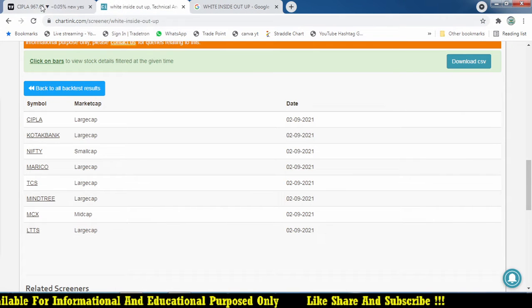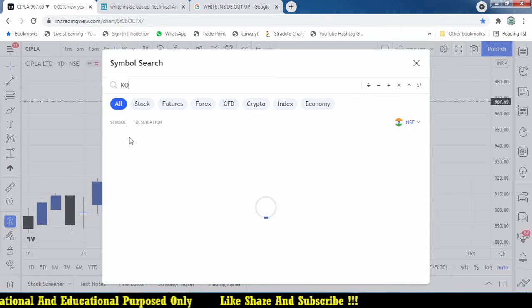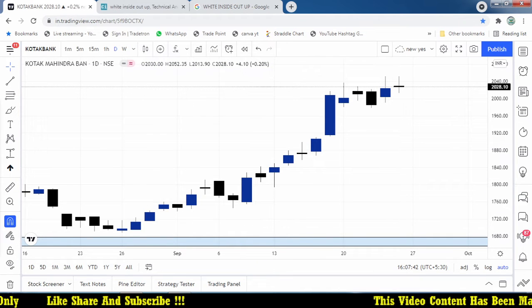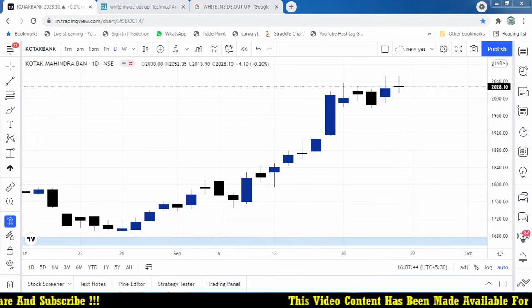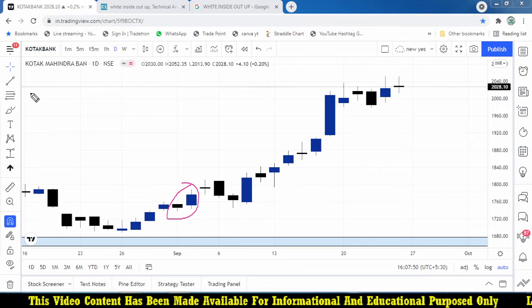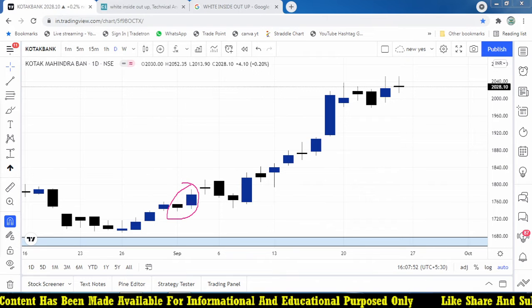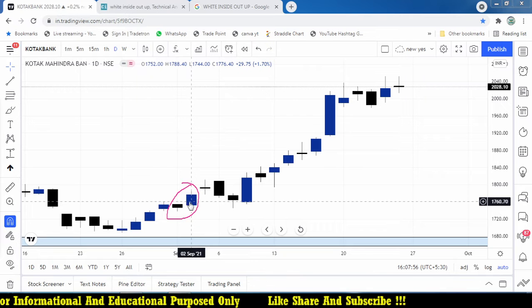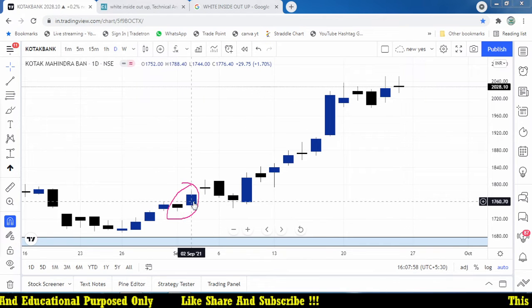And the second one is Kotak Bank. These are all the stocks which form the inside-out pattern on 2nd of September. I have already updated that on my Telegram channel too. Inside-out of 2nd September, this is the pattern where it forms. In this scenario, how much profit or loss, the risk-reward ratio: 1788 with a stop loss of 1753.